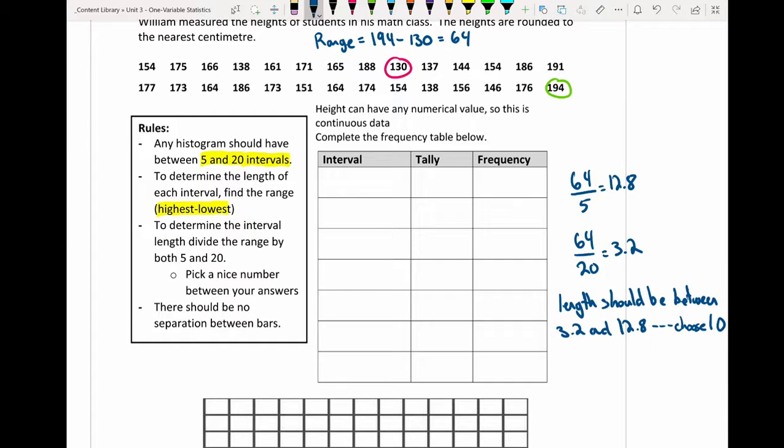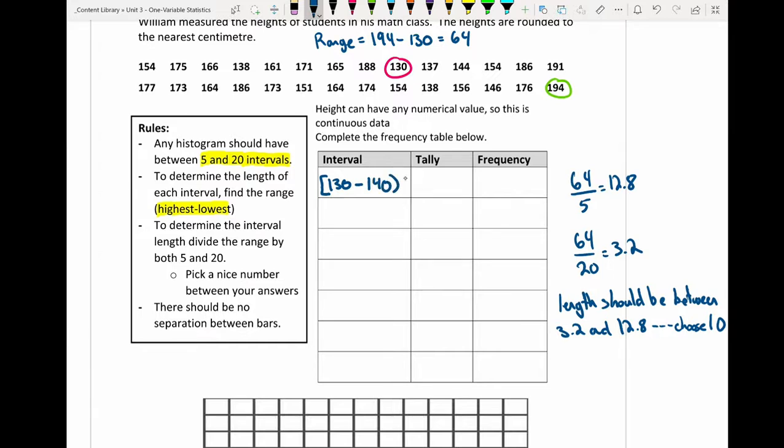So what we're going to do is start out with our first interval. Our starting number is going to be our lowest one. So 130 is our lowest, and it's going to go up by 10, to 140.